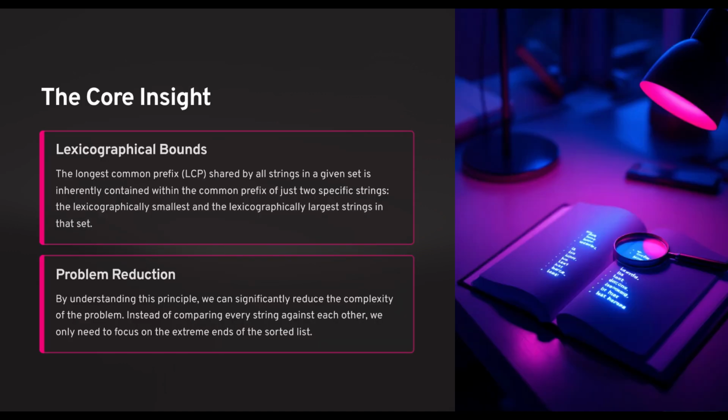The longest common prefix, LCP, for all strings in the set is always the same as the common prefix between just two strings, the lexicographically smallest and the lexicographically largest ones. In other words, after sorting the array alphabetically, we only need to compare the first and last strings. Any prefix common to these extremes will be common to everything in between. This reduces a potentially complex problem to a simple comparison.